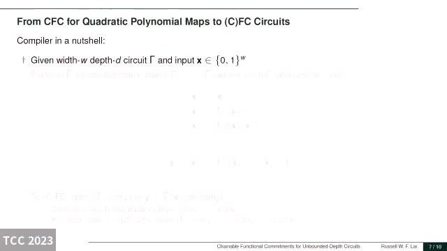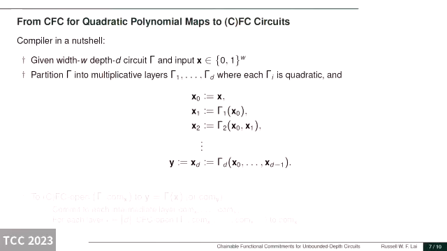Okay, so let us see this chainability in action, or namely how we can build an FC for circuits from a CFC for quadratic polynomials. Suppose we are given a depth D circuit, gamma, and an input. The first thing we do is to partition the circuit gamma into multiplicative layers, gamma 1 to gamma D, where each gamma i is quadratic.